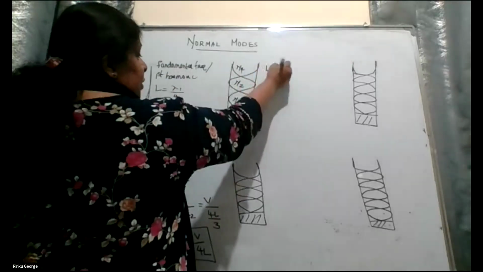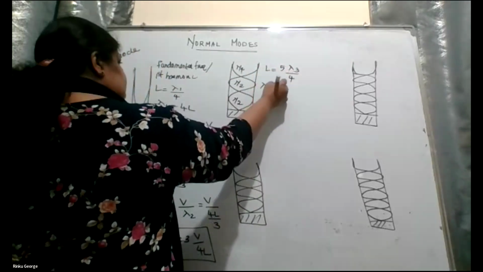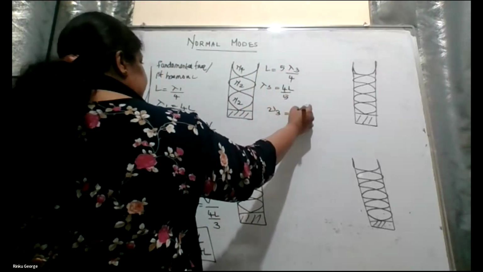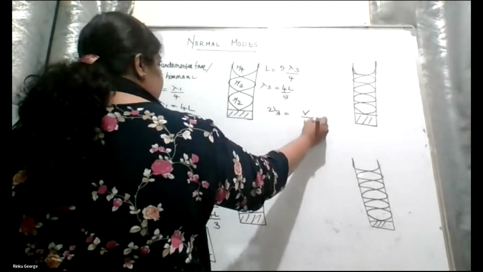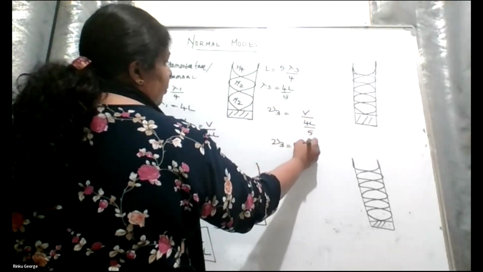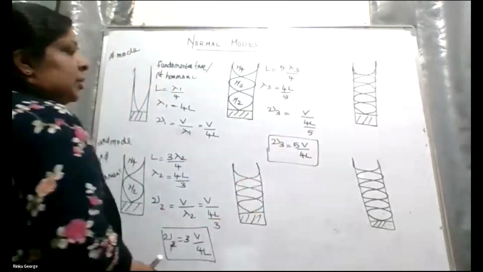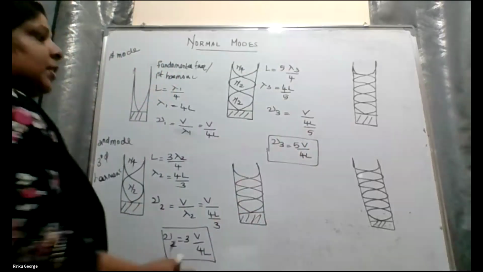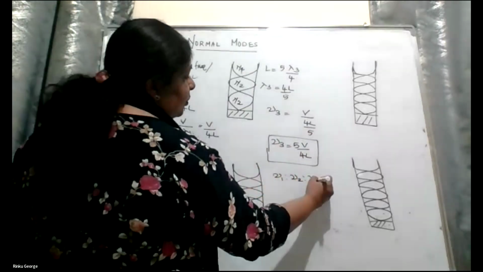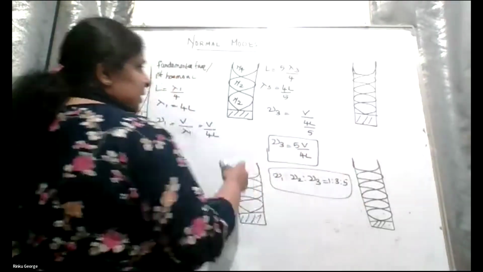So L will be equal to 5 lambda 3 by 4, or lambda 3 is equal to 4L by 5, or nu 3 will be equal to V by 4L by 5, or nu 3 is 5V by 4L. Correct? So what is the ratio here? Nu 1 is to nu 2 is to nu 3 is equal to 1 is to 3 is to 5, and so on. The same will follow.